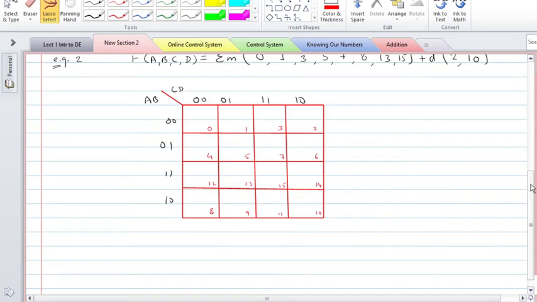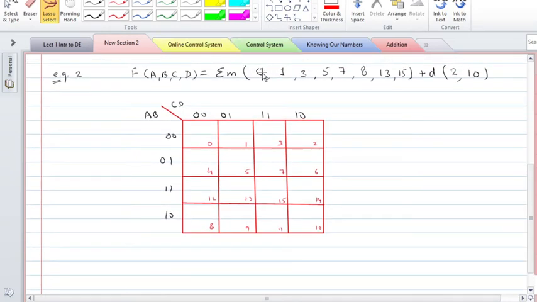Now here we have to fill ones for these min terms, and these min terms are 0, 1, 3, 5, 7, 8, 9, 13 and 15, and two don't care terms are there at 2 and 10.